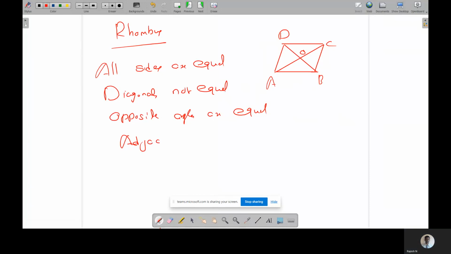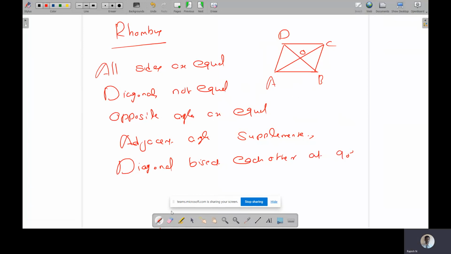Adjacent angles are supplementary. Then the main thing is that diagonals bisect each other at 90 degrees.